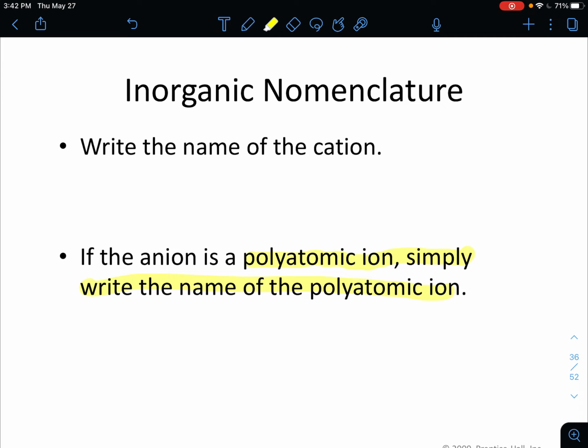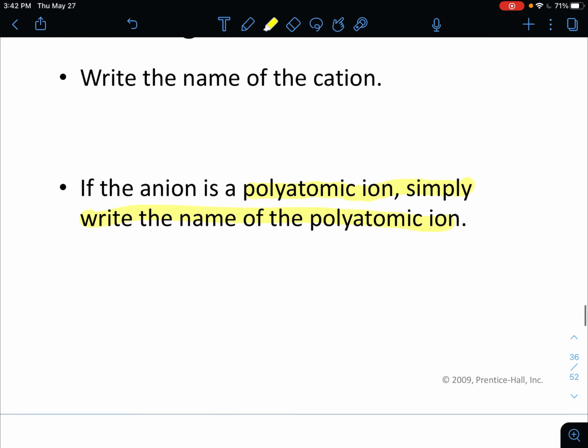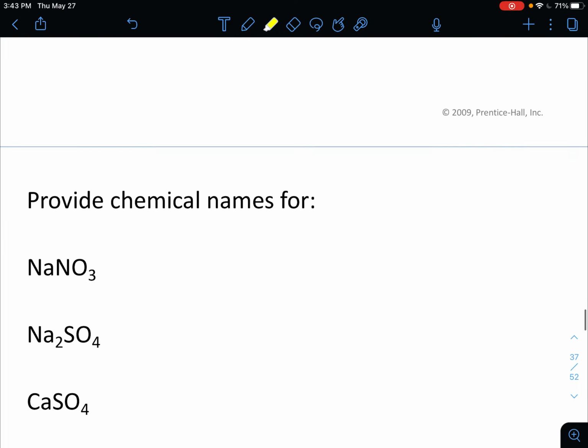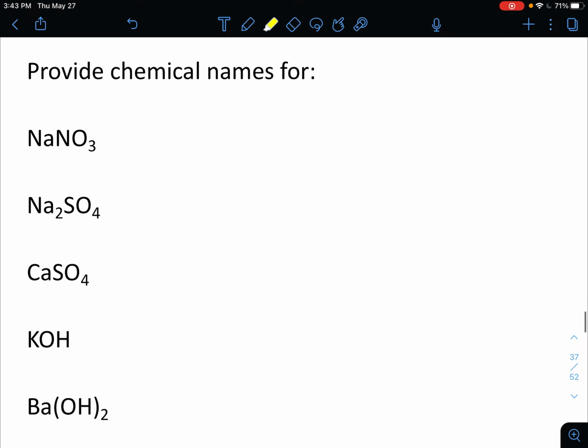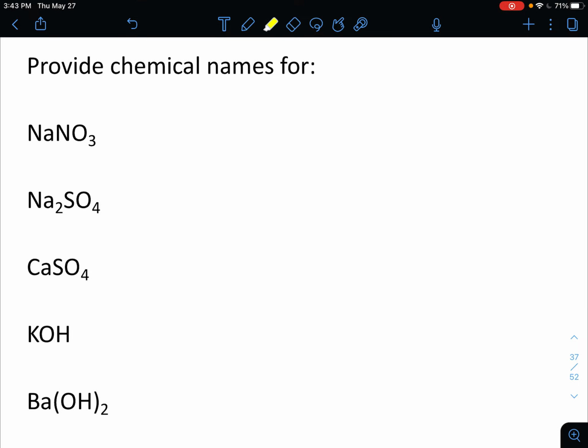Nitrate is nitrate, sulfate is sulfate. You just put the endings on. So we're going to start by combining them with cations of known charge, like the alkaline earth metals and the alkali metals. So you'll start to see how that works.